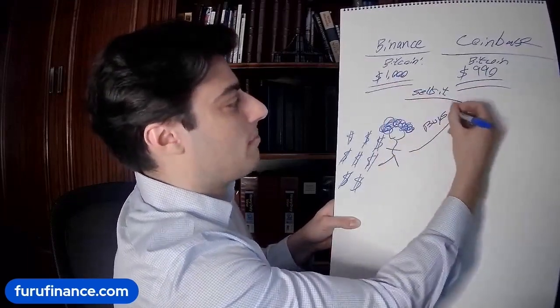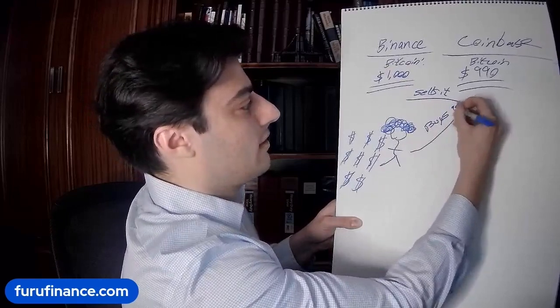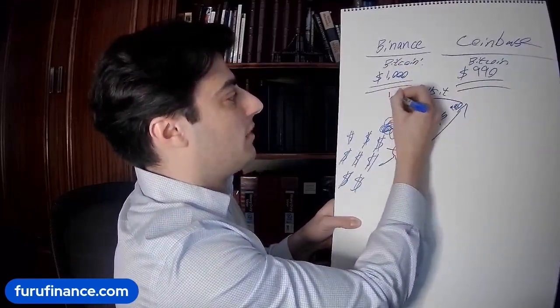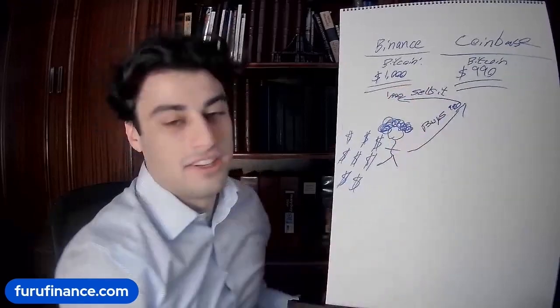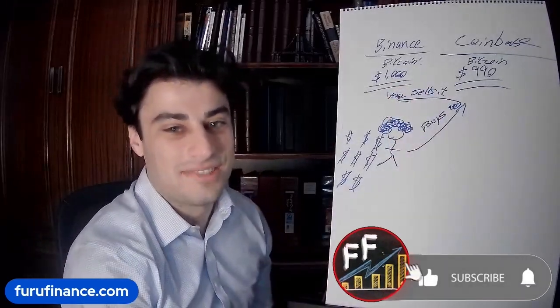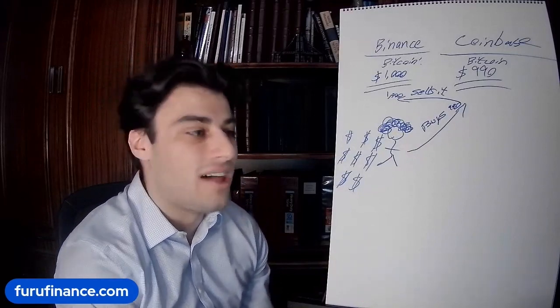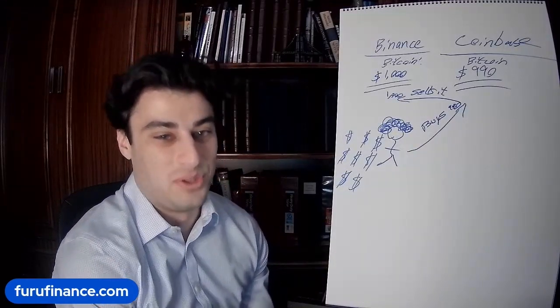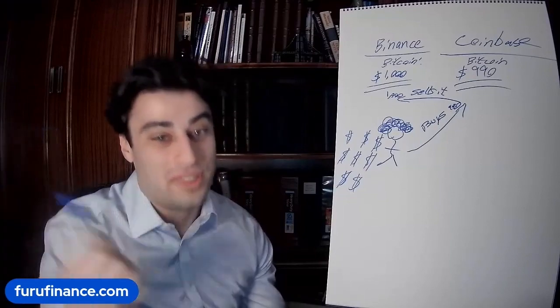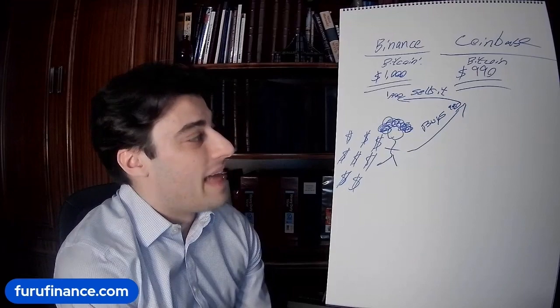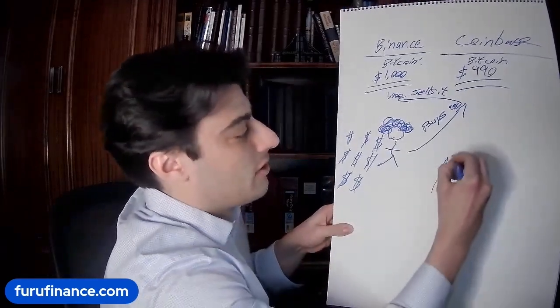He just made $10. And it's just $10, yeah, but that's if you do it with one Bitcoin. But think about if you do it with 1,000, you know what I'm saying? Then you're making good money. So that is also arbitrage.